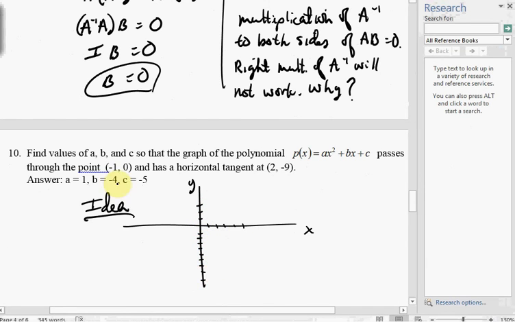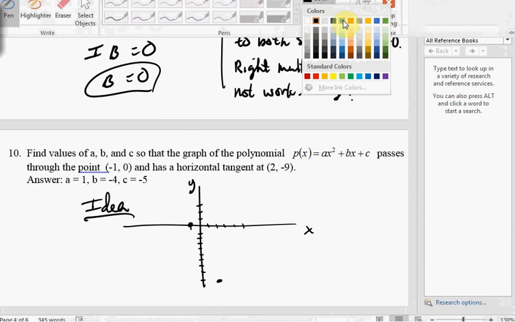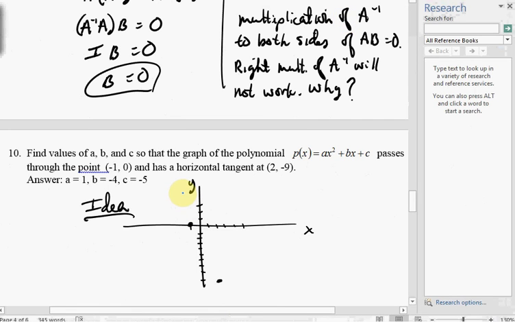I got 1 point at -1, 0. I know that I have another point at 2 comma -9. If it's a horizontal tangent, that means that that's also my relative minimum.